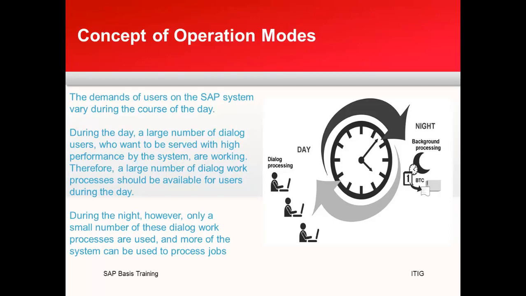That is, we make sure the dialog work processes are not idle because there are no users, but we use them by converting them into background job processes. So how it is done, let's see.